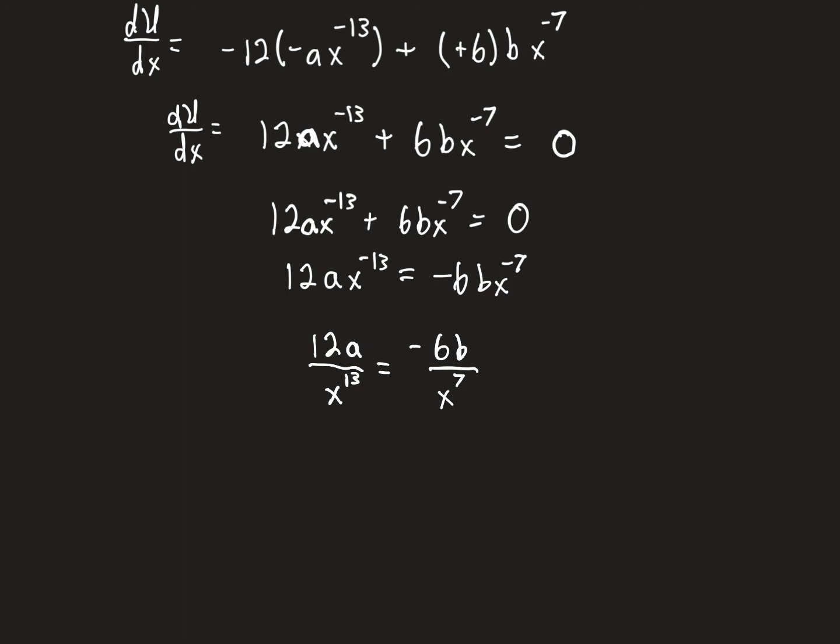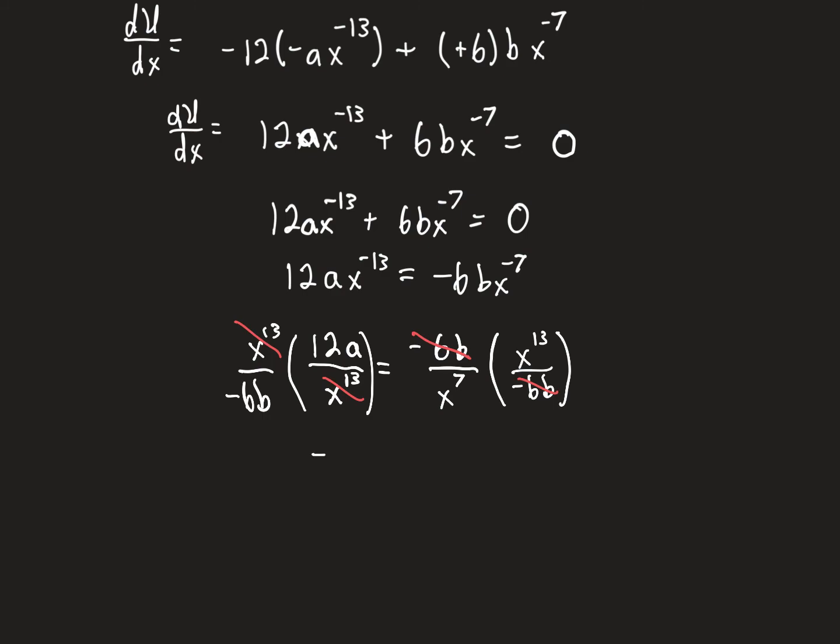So now I can do cross multiplication to get my x's all on one side and everything else onto the opposite side. I'm going to multiply both sides by x to the 13, and then divide both sides by negative 6B. This is just algebra. That cancels out the negative 6B on the right-hand side and the x to the 13 on the left-hand side, getting all of my x's on one side and all of my other elements on the opposite.